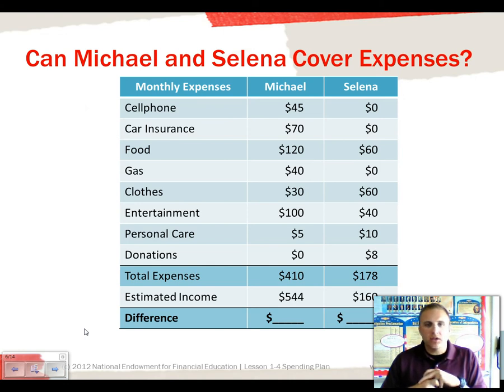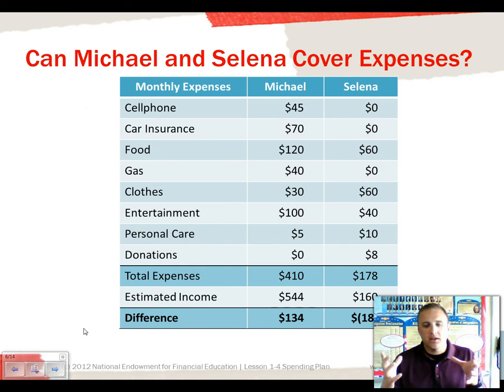Hopefully, as you're sitting here looking at this, you realize what the problem is. The problem being, Michael can afford to spend his money on those things and still have some money left over every month that he can choose to put into savings. He can choose to save up for that computer he's wishing to buy or prepare himself for college.